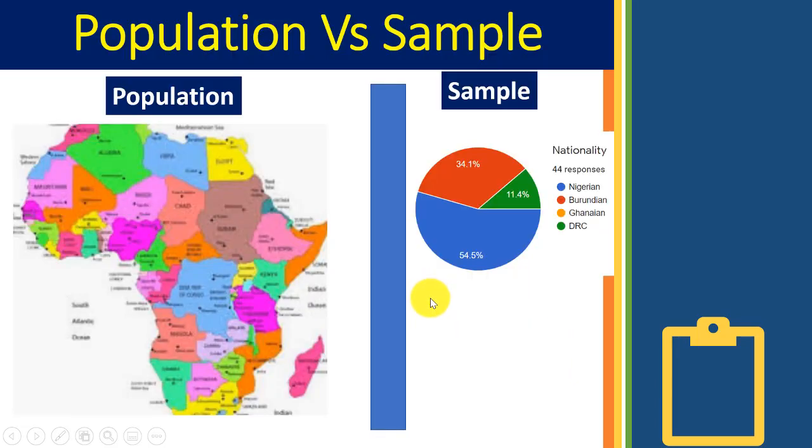Now let's go on to our third objective: population and sample. You will recall that our study is about seeking the perception of African students. So all of Africa, 54 countries, let's stick with 54 countries, is the population.